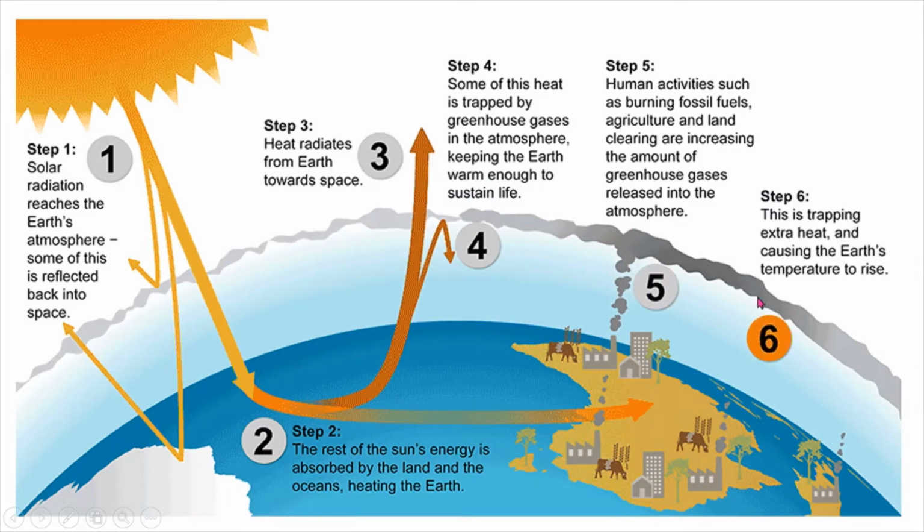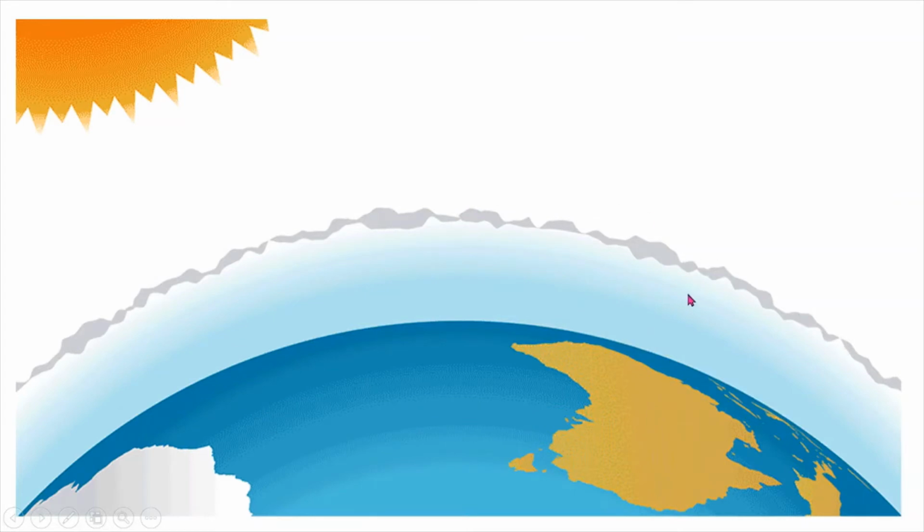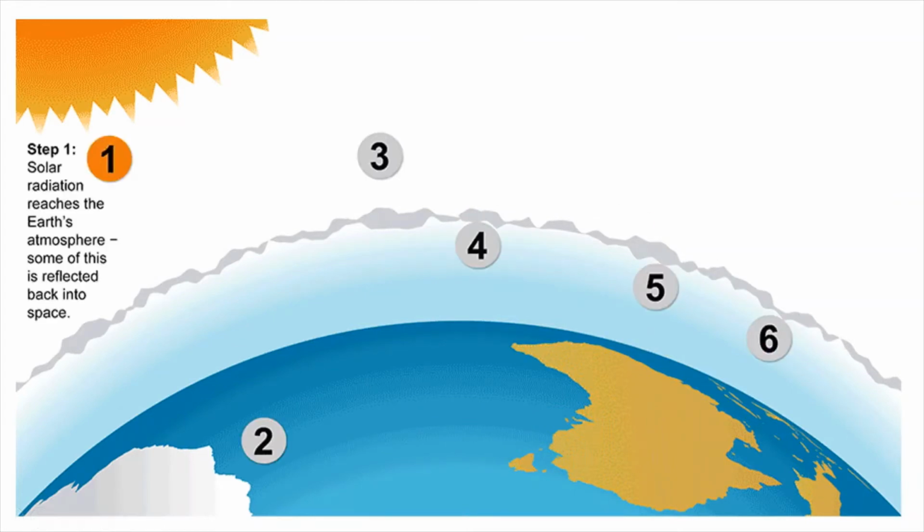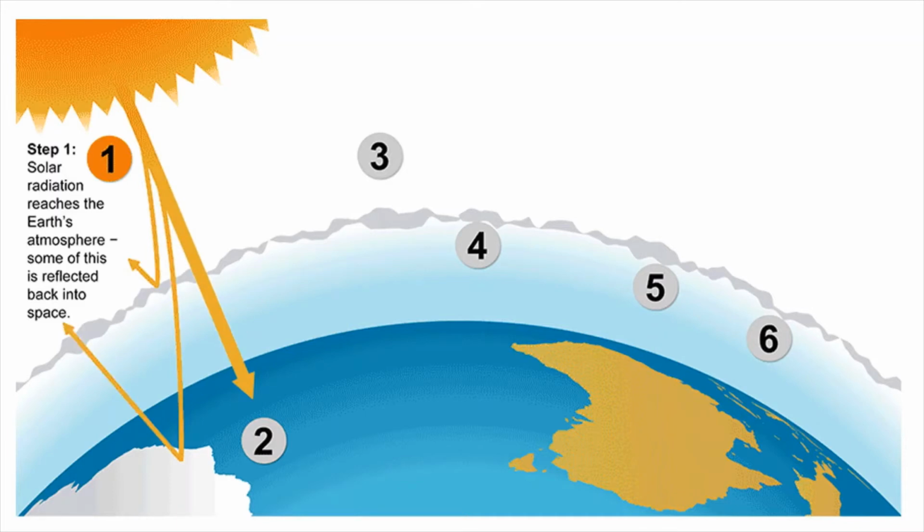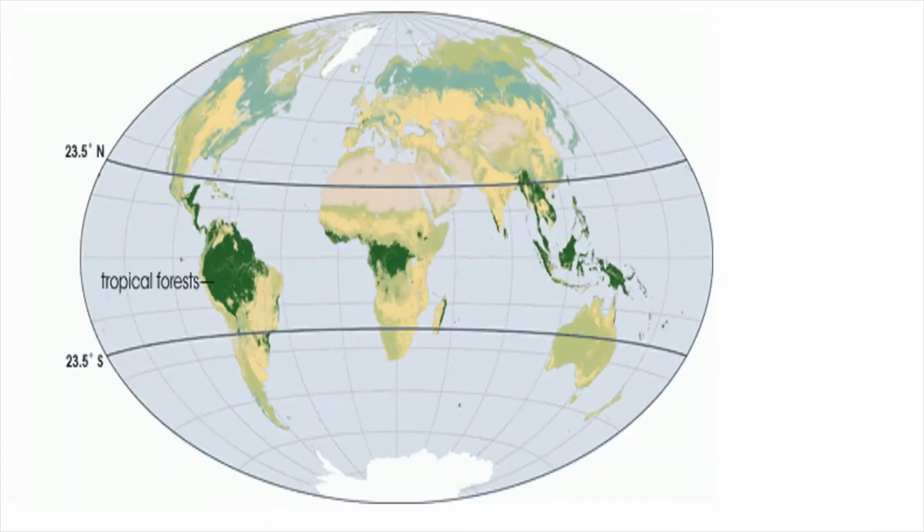These gases do not allow the heat to pass out of the atmosphere. They trap it here itself, causing global warming and heating up the earth, which in turn causes variations and disturbance in the atmosphere and weather conditions.